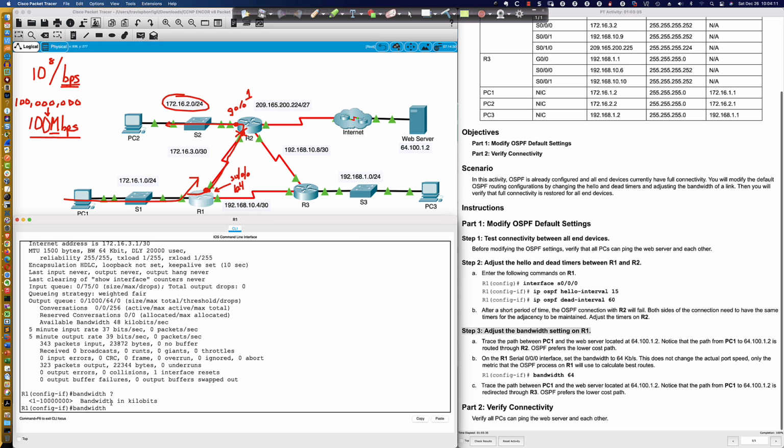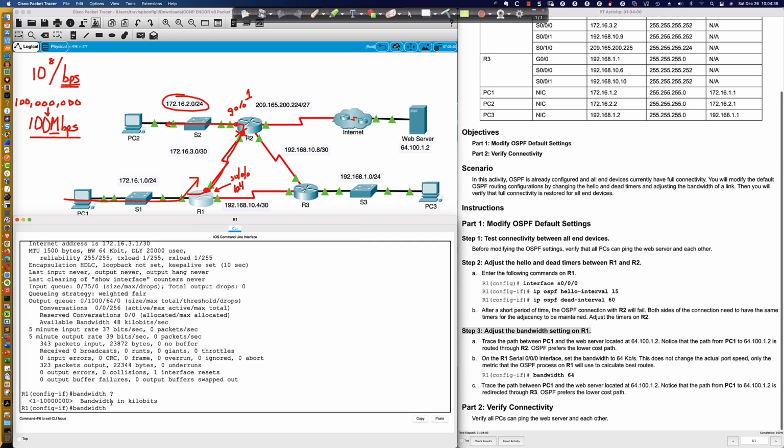And the reason that it's set like that, think about what we've been talking about here. Why would it be that the default is in kilobits per second? Because I'm typically going to be talking about setting that statement on a serial interface that's probably being run in a fractional sense.